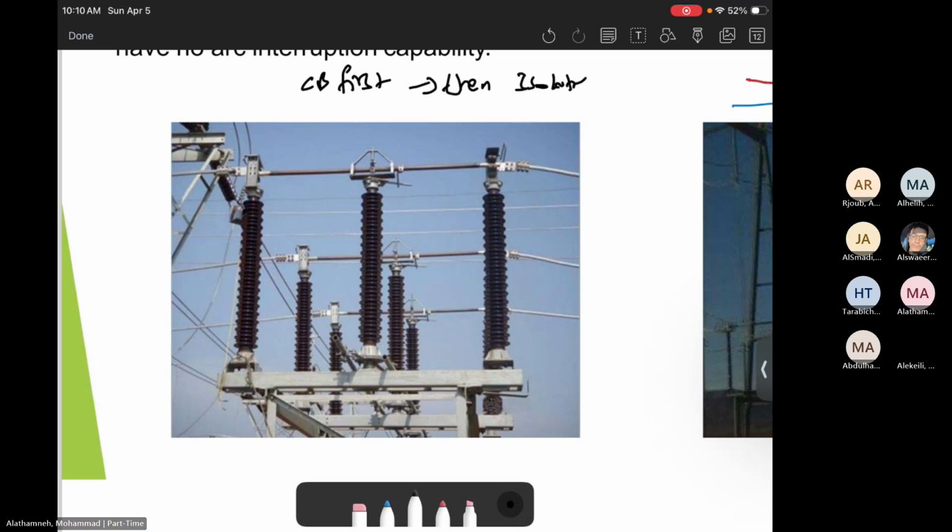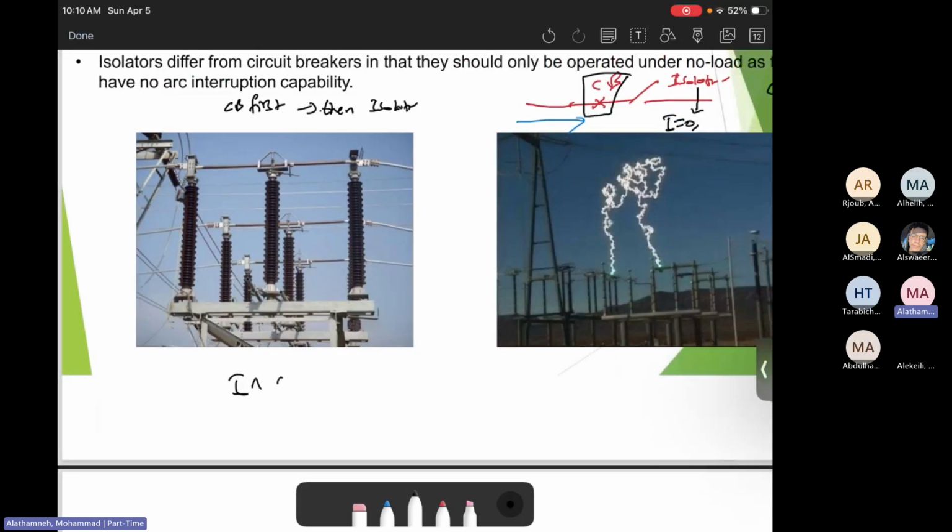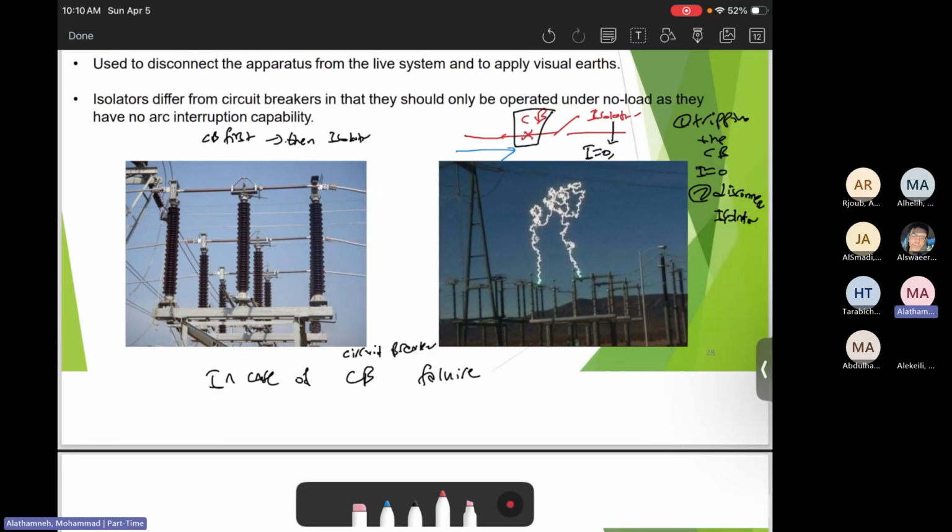However, some situations can happen, which is something we call a circuit breaker failure (CB failure).